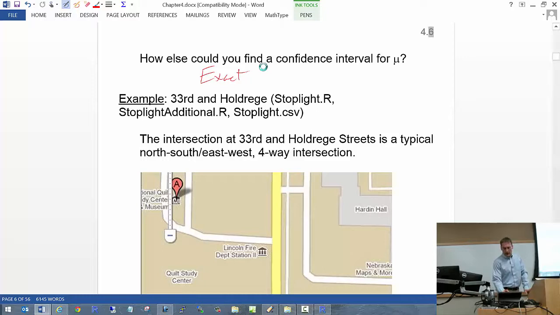What would be another method that we looked at for a confidence interval for pi? Well, you could use simulation to evaluate the interval, not necessarily to find one. You could do a Bayesian interval. It wouldn't be called a confidence interval, though.